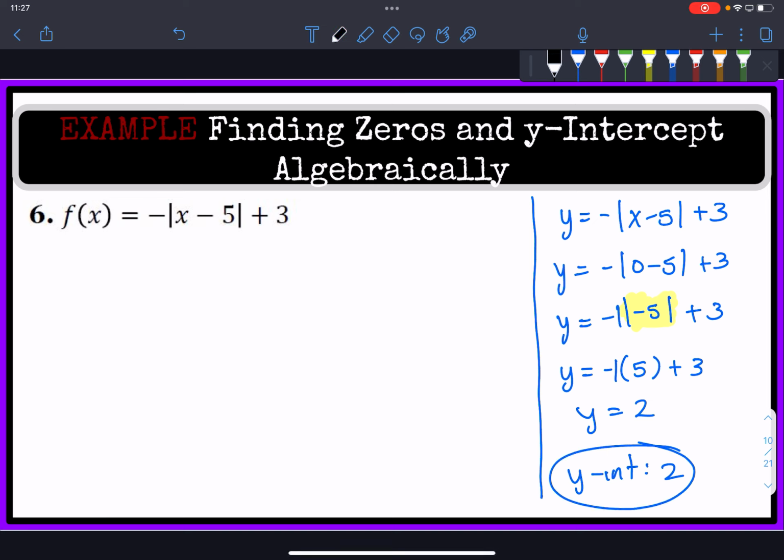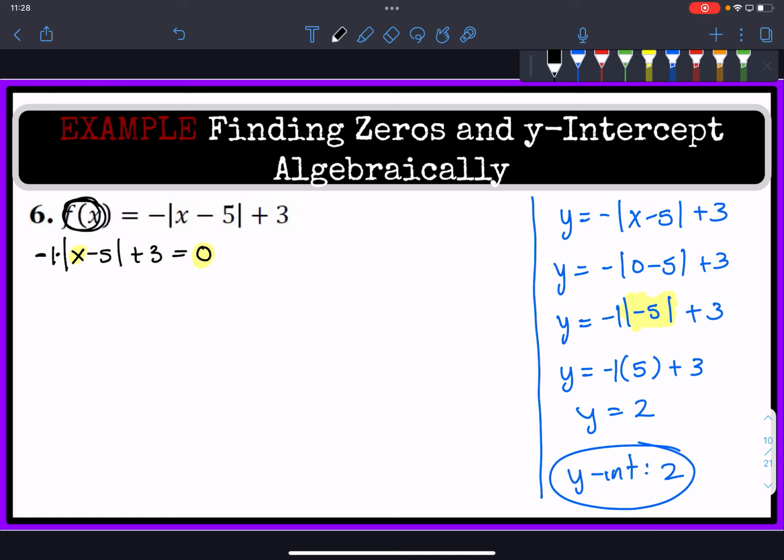Now to find the zero, aka the x-intercept, we're going to make y equal to 0. So we have negative 1 times the absolute value of x minus 5, plus 3, equal to 0. What we're looking for is the value of x that will make the function equal to 0. Because we have an absolute value equation, the way that we solve this, if you recall from Algebra 2, is that we create two cases.